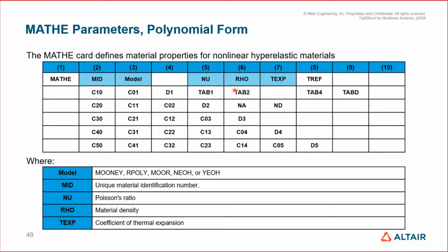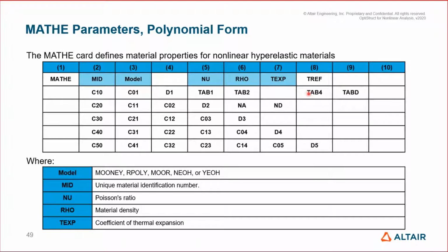If you know the constants, of course, you put in the constants. Otherwise, using the 3 tables that you have put in, we actually curve fit and derive all these constants. So you choose your model here, which model to use, and then, of course, the Poisson ratio and also density.